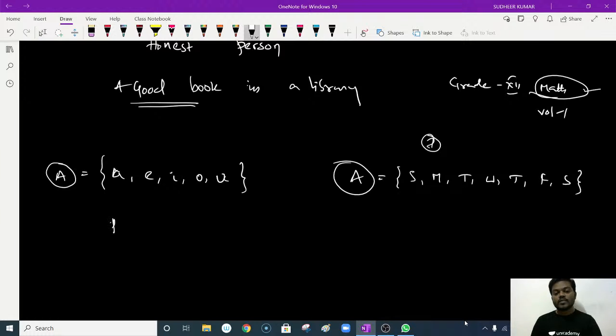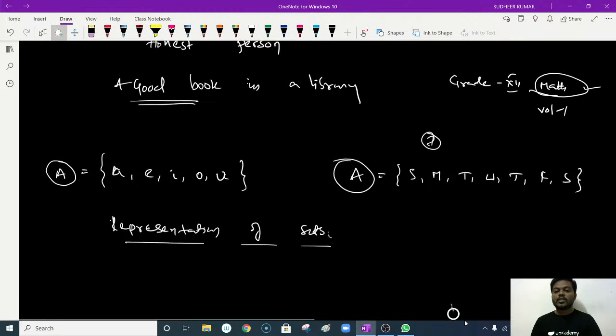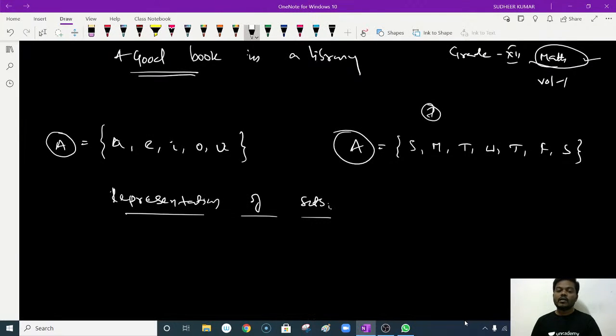Next, the representation of sets. There are mainly two types to represent sets. One is roster form or tabular form.